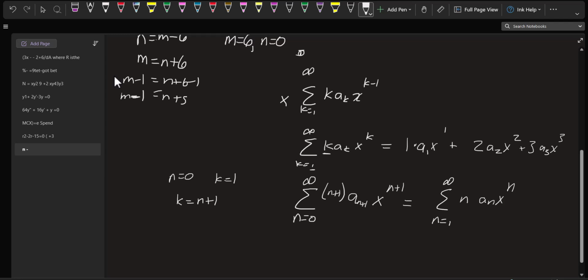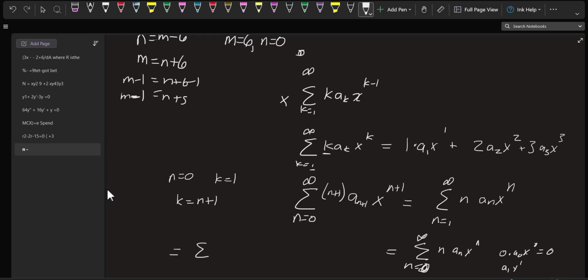Well, that's okay, because I'll get the same series if I start this at 0 as if I started at 1, because the 0th term is 0 times a0 x to the 0, which is 0. So my first actual term is still a1 x to the first.